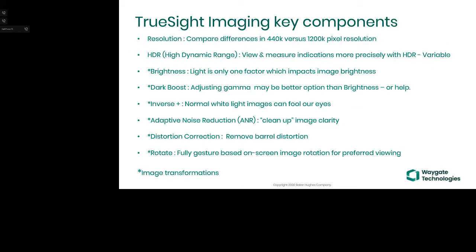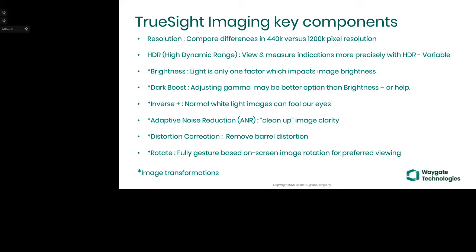This is a list of all of the things that are a part of TrueSight Imaging. First of all, we have a 1.2 megapixel camera, and tying that together with image settings of brightness and dark boost and inverse plus and adaptive noise reduction.